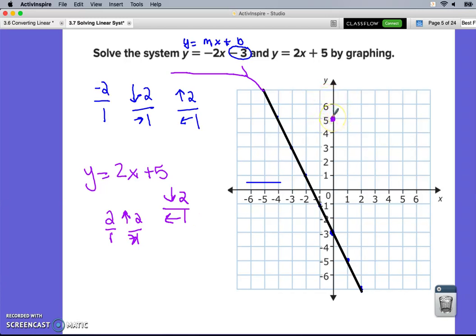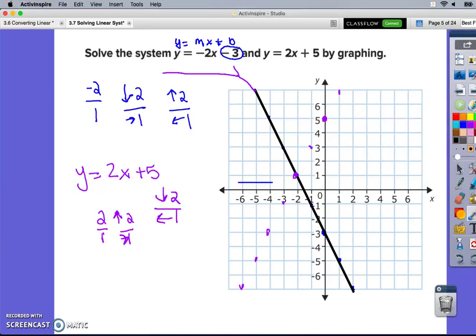So from here, up 2 to the right 1, down 2 to the left 1, down 2 to the left 1. Okay, I can continue this all the way down until I go off of my charts. And I can create my line again.